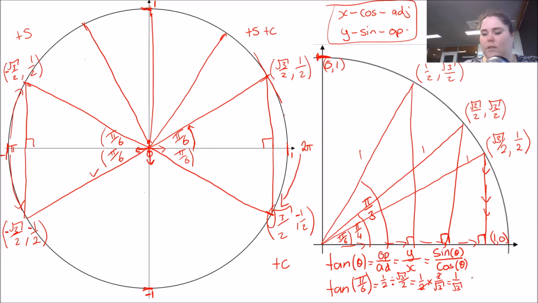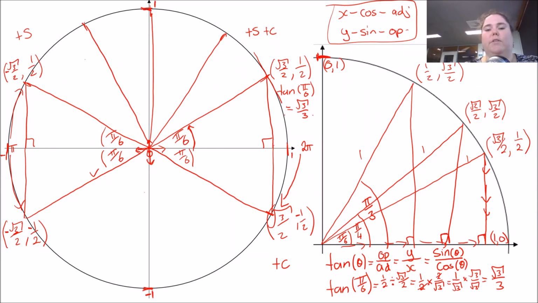But I don't like surds on the bottom, so I'm going to times that by root 3 on root 3, because that's like timesing by 1. So my answer for tan of pi on 6 is root 3 on 3.